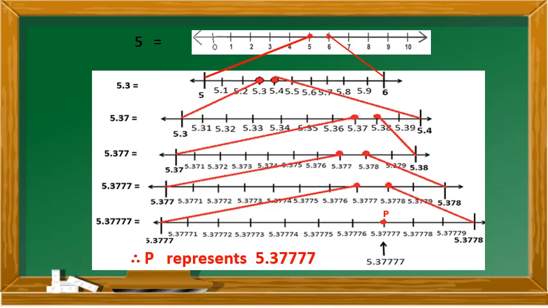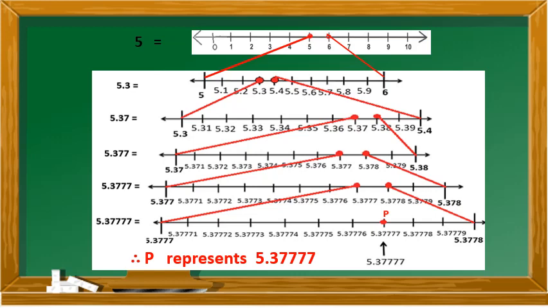Now circle 5.37. Now view the next one, that is 5.377. It lies between 5.37 and 5.38. Again draw a number line, divide it into 10 equal parts and now we are going to mark points that lie between 5.37 and 5.38 such that 5.377 lies between this.